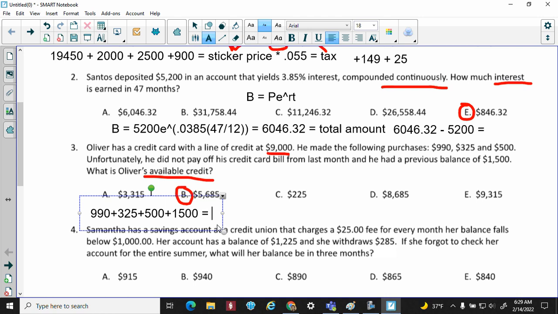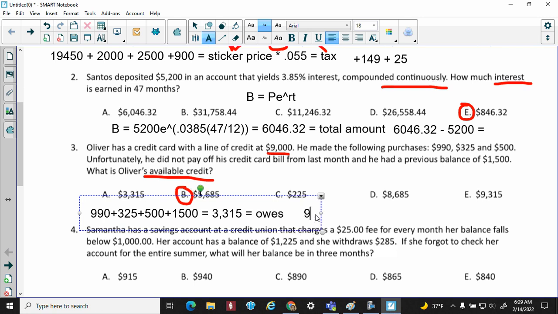When we add everything up, we get a grand total of $3,315. Now remember, this is how much he owes. But the question is asking how much money he can continue to spend until he maxes out the credit card.